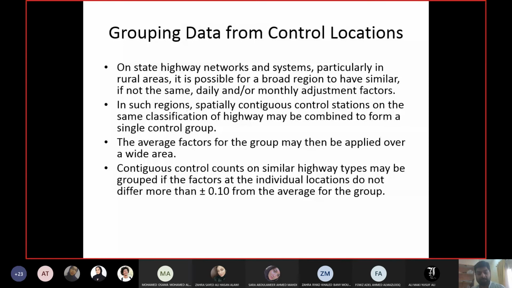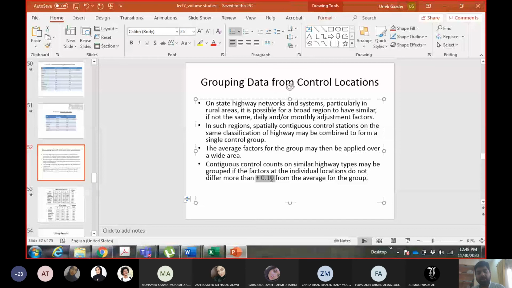The condition is given here: the difference between the average and each individual value must not be more than plus or minus 0.1. If I have 10 values for Monday, you calculate the average of these 10 values. The difference between this average and each value for Monday should not be more than plus or minus 0.1.